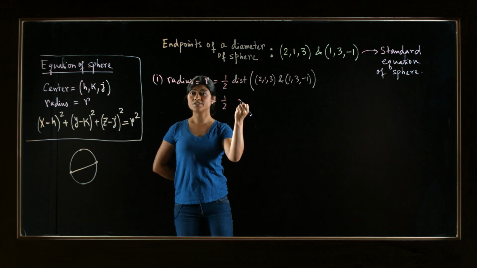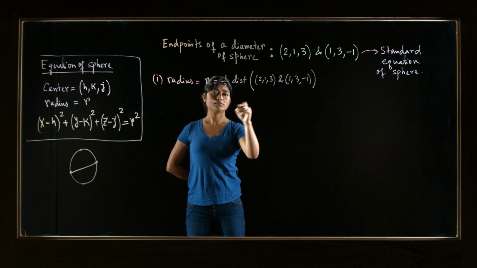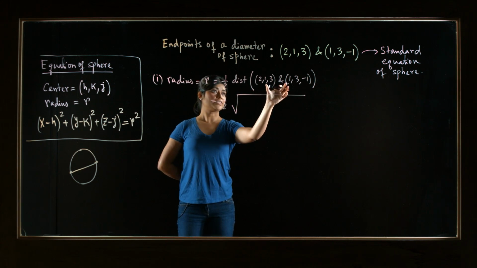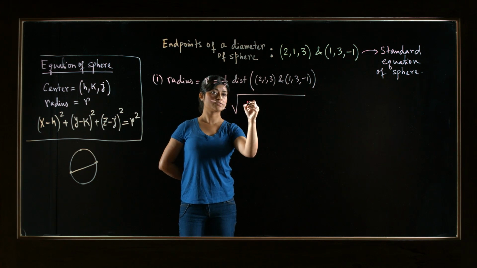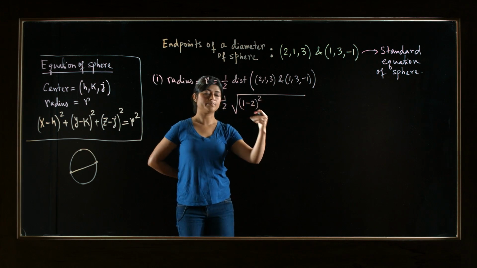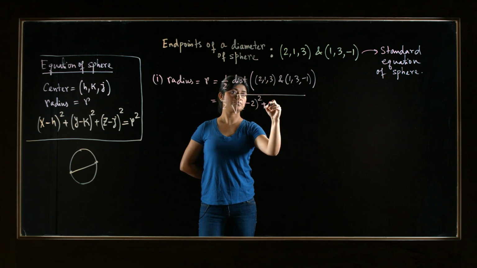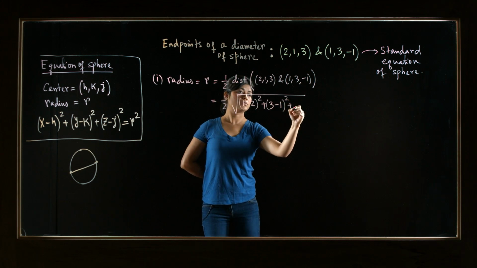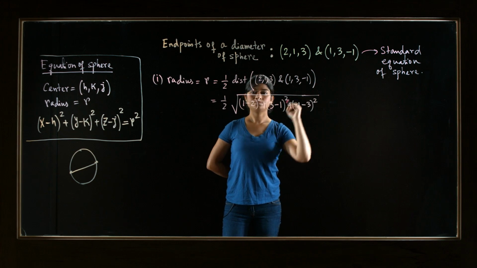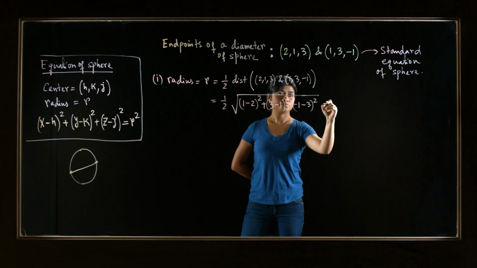We will use the distance formula: the square root of the difference of each of these coordinates squared and added, so (1 - 2)^2 + (3 - 1)^2 + (-1 - 3)^2.